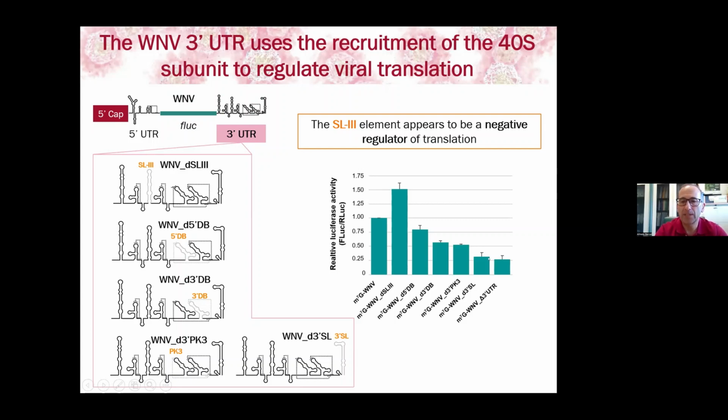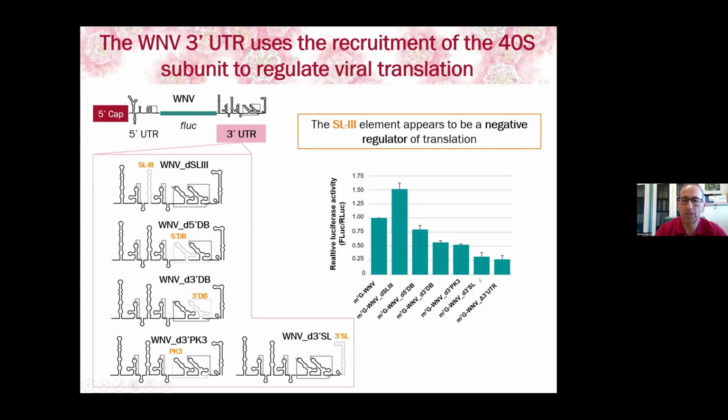As you can see, the deletion of this structural unit has the same effect as the complete deletion of the 3' UTR. But we didn't detect with our structural study that this site could be involved in the recruitment of the ribosome.